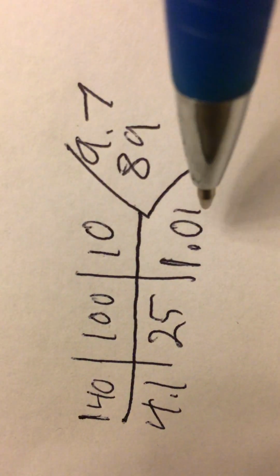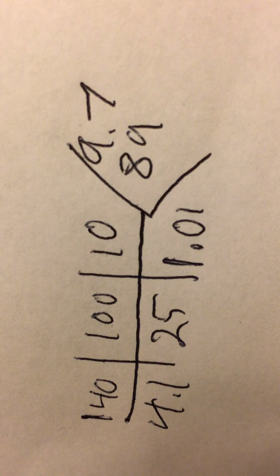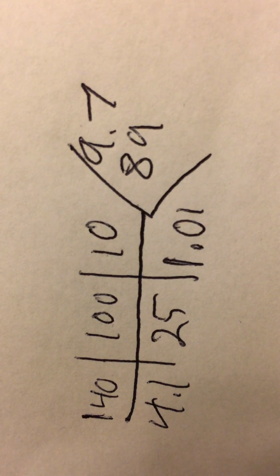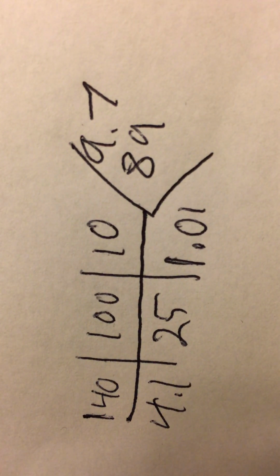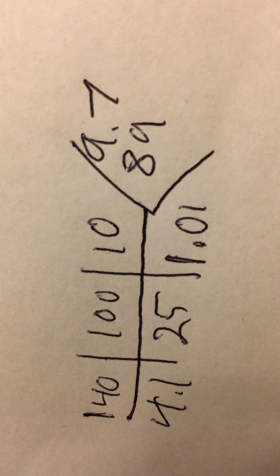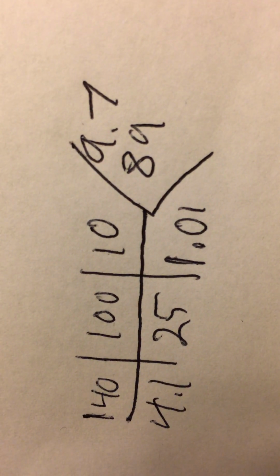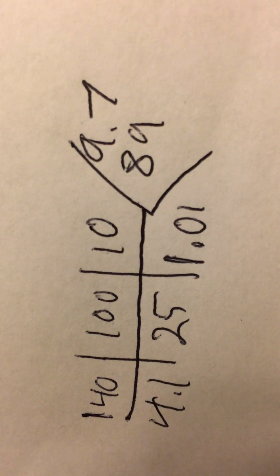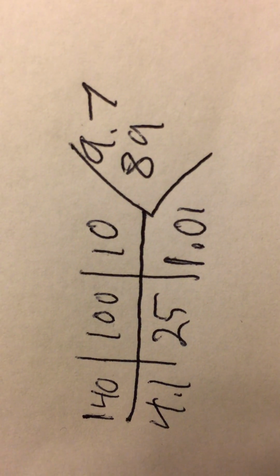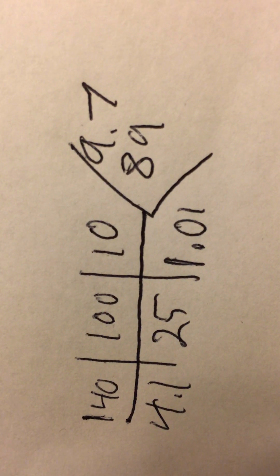So our BUN and creatinine, we're taking a look at the patient's renal clearance. With renal clearance, remember, BUN is the blood urea nitrogen, and we're looking at the ability for a patient to adequately process waste in their body.